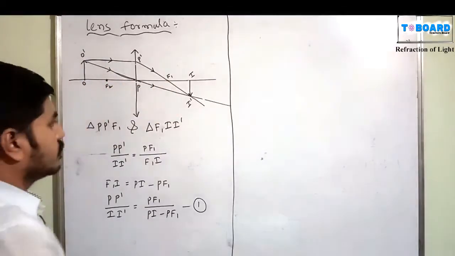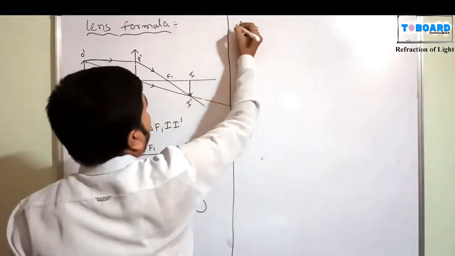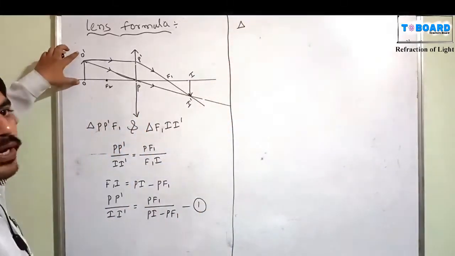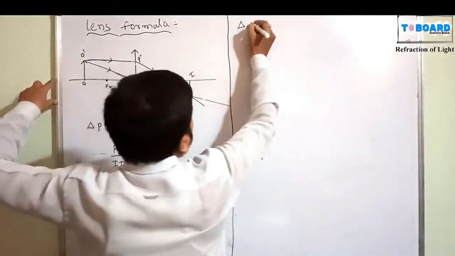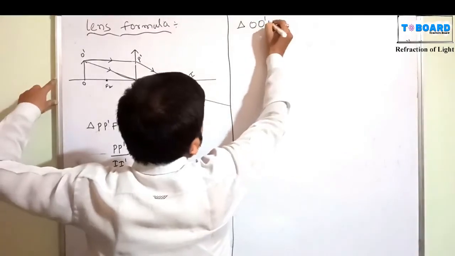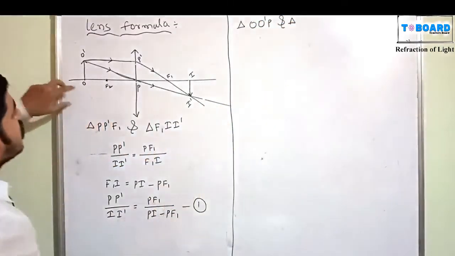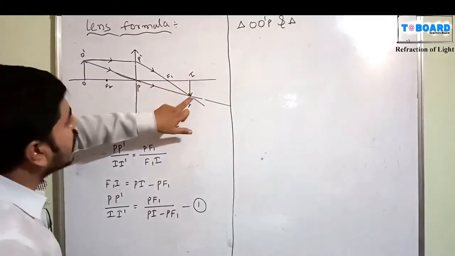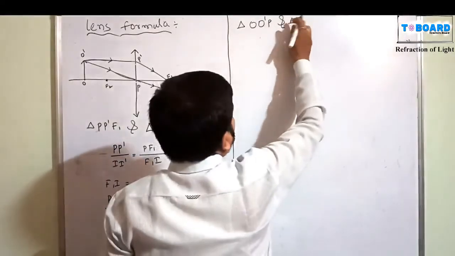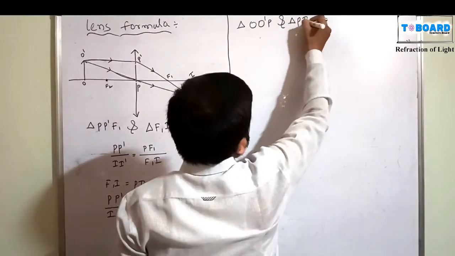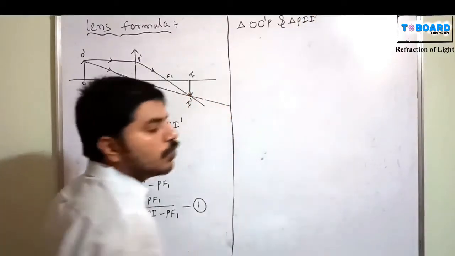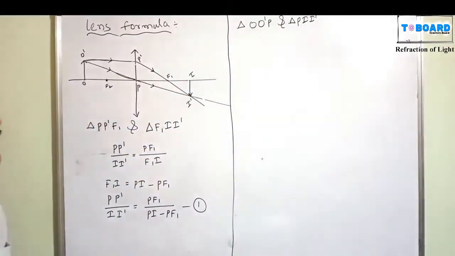Now I will write here: triangle O dash P, and the next triangle is I dash. Both are again similar triangles.